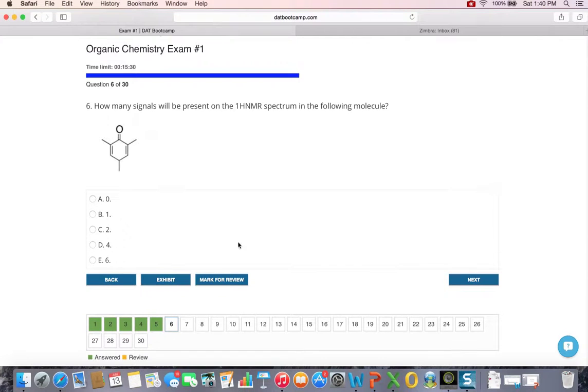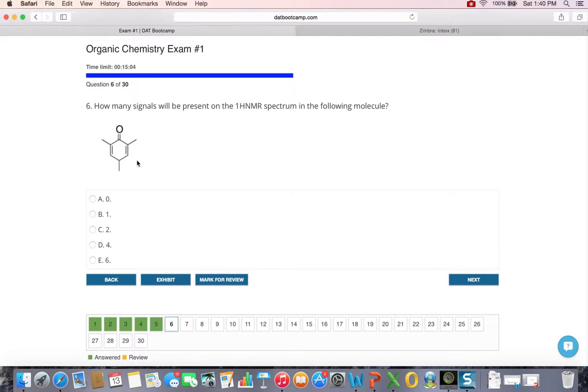Number 6. How many signals will be present in the proton NMR spectrum of the following molecule? Well, you have hydrogens here, and here, and here, and here, and here. These two methyl groups are chemically equivalent, but they're distinct from this one because of their proximity to the carbonyl carbon. So these would represent one environment.